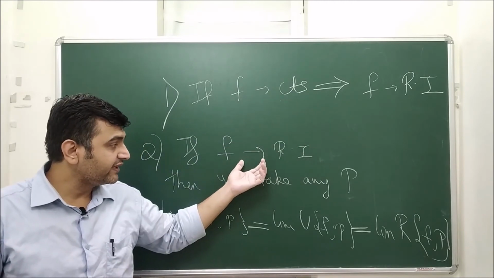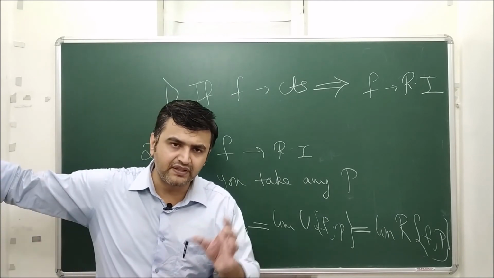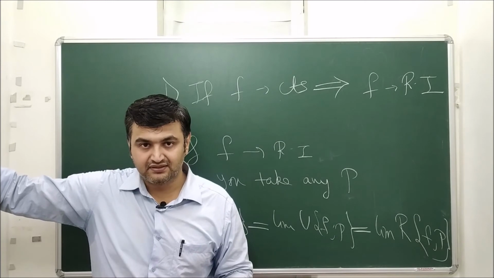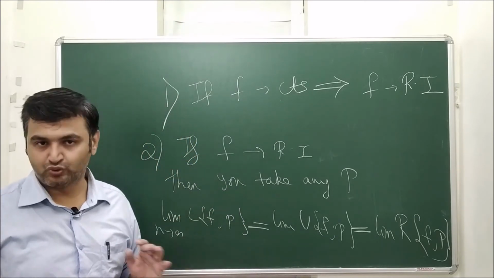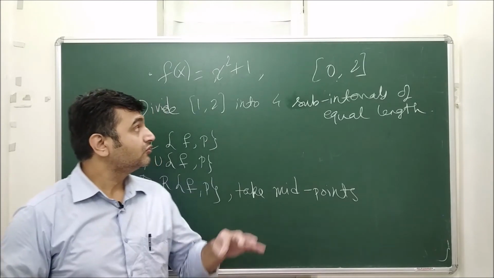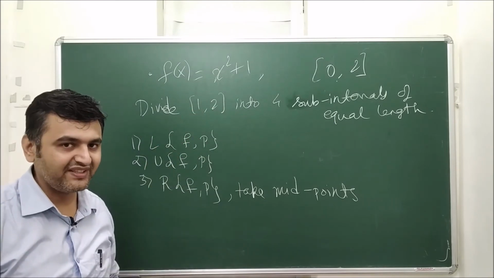And whenever it is integrable, you can take any partition you want. So you always take the partition of equal length. Why so? Because your calculation becomes easier. Okay, so these are the two very nice theorems that Riemann proved. Now let's go for the final example. So the function is x square plus 1. I am taking a simple function, so the calculations will be easier.